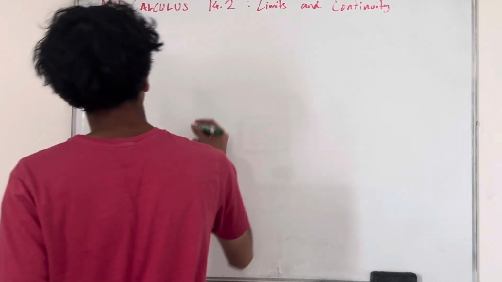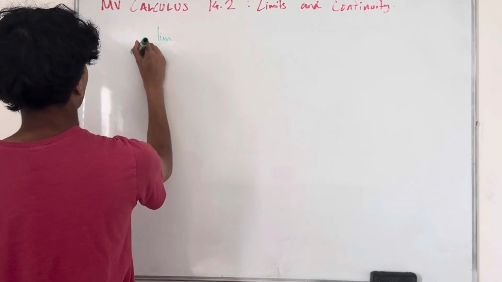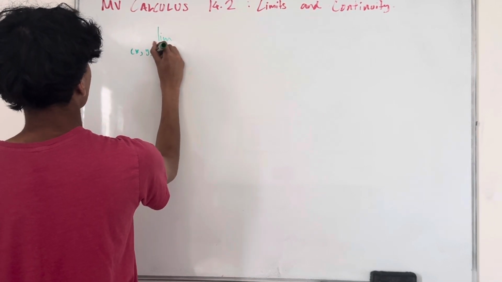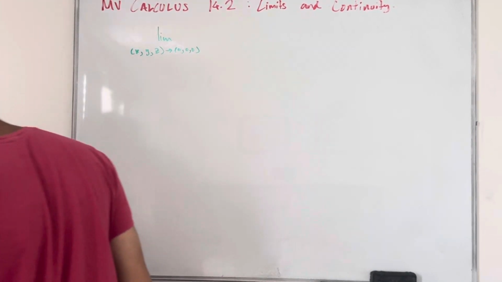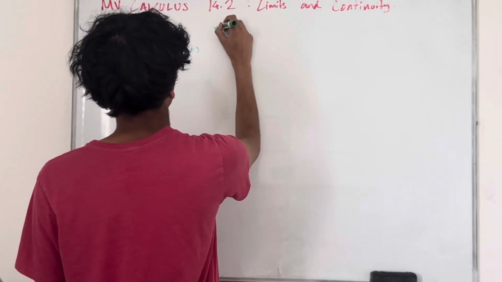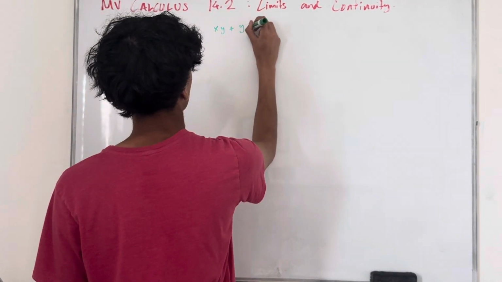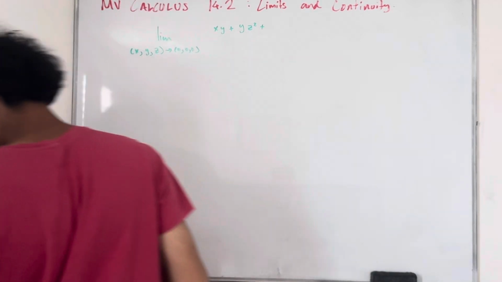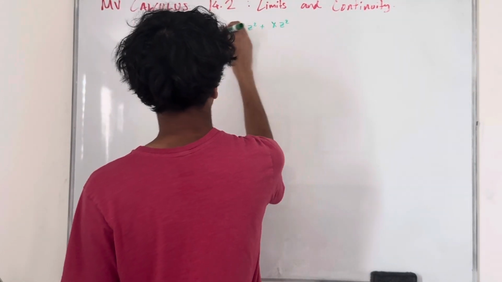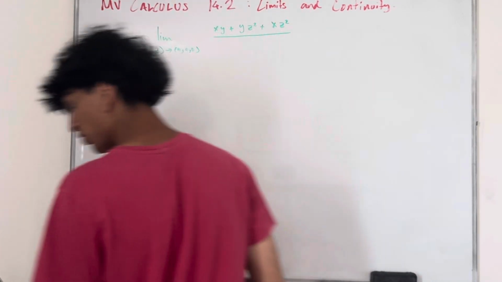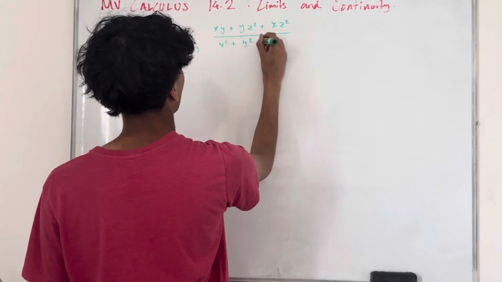The limit as x, y, z approaches 0, 0, 0 of xy plus yz squared plus xz squared over x squared plus y squared plus z to the 4th.